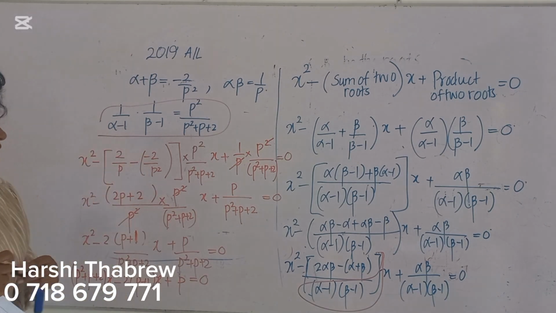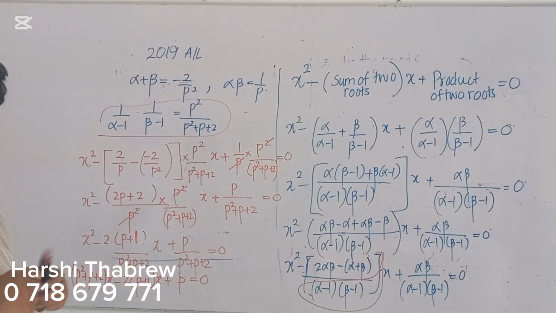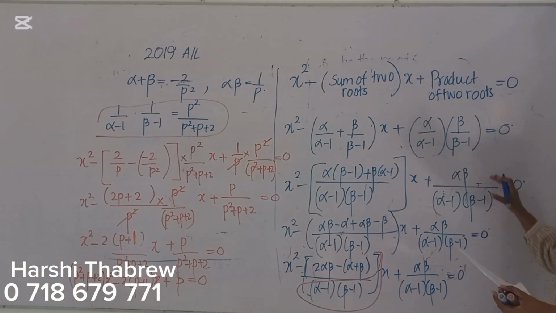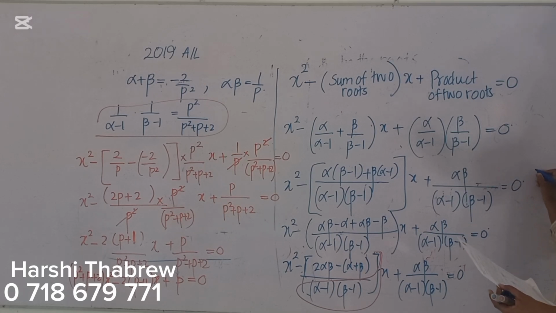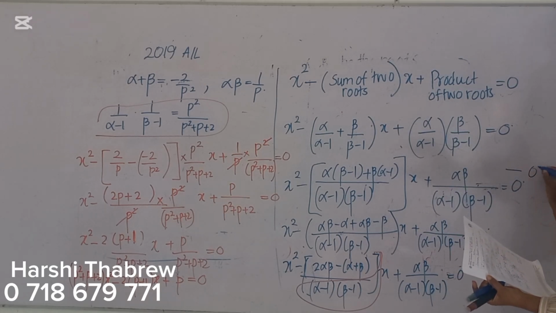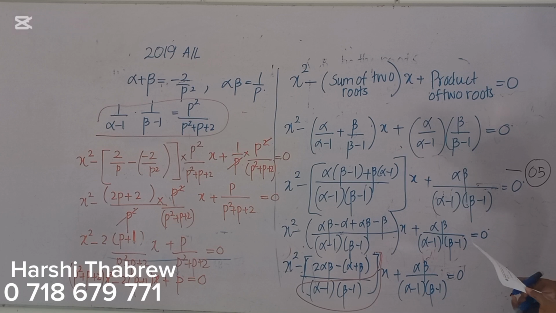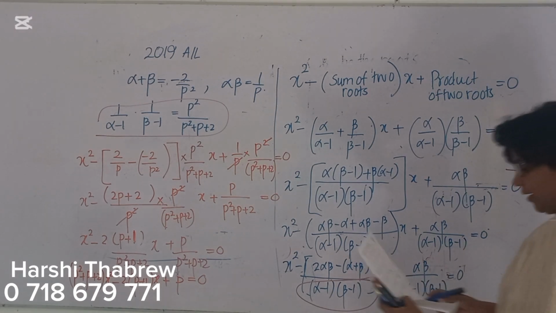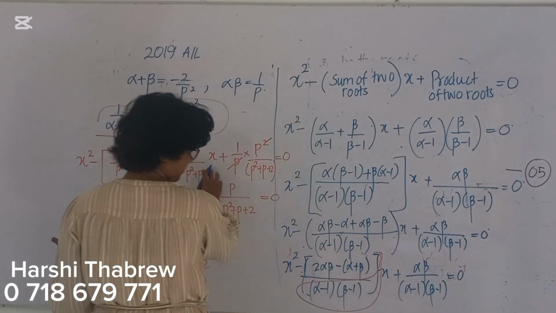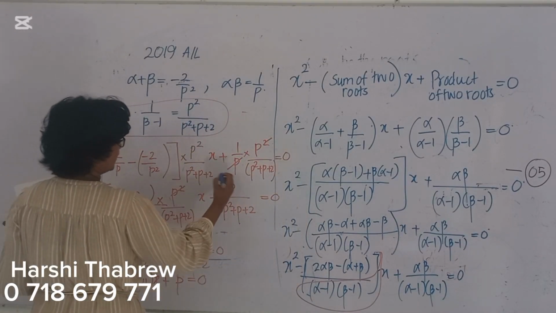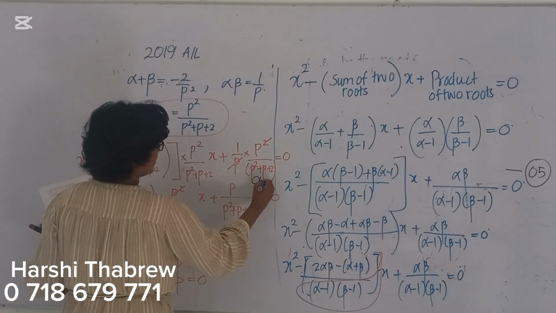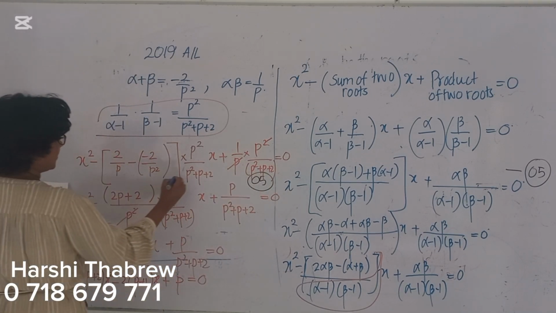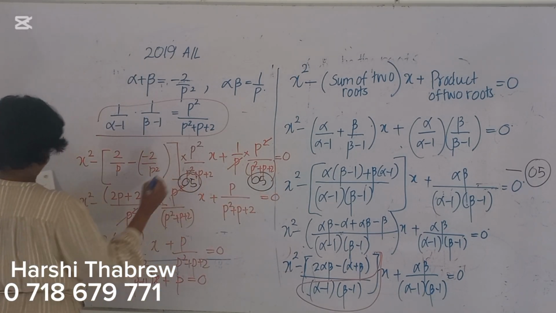Let's see the allocation of marks for this part. For this part they have given 5 marks. Then for substituting this, they have given 5 marks. Then for this part they have given 5.